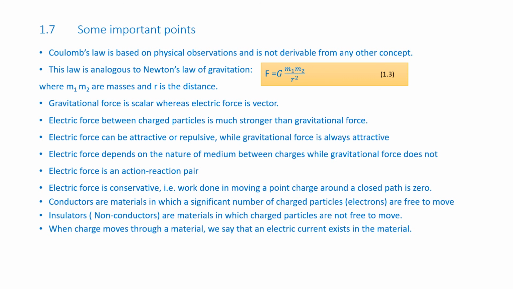Insulators are non-conductor materials in which the electrons or positive charges are not able to move freely. When a charge moves through a material, we say that an electric current exists in the material. That means in conductors, electrons move freely and that constitutes an electric current.